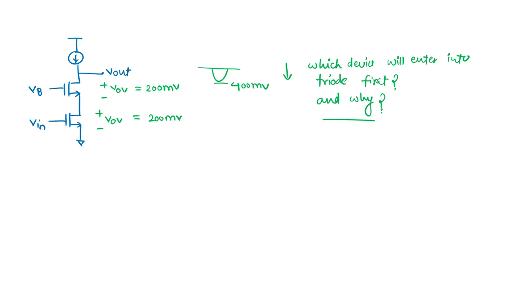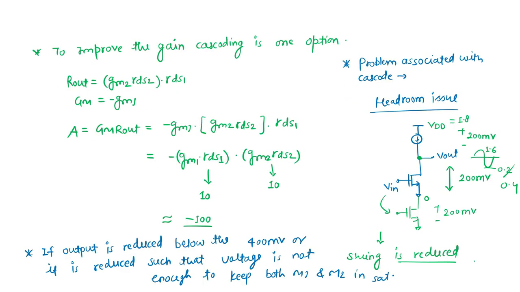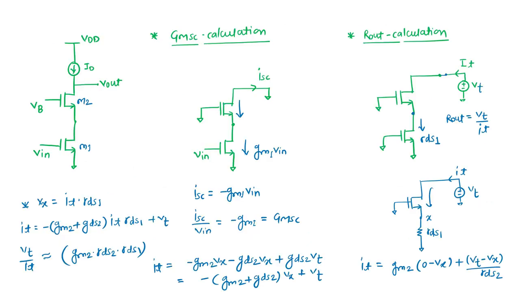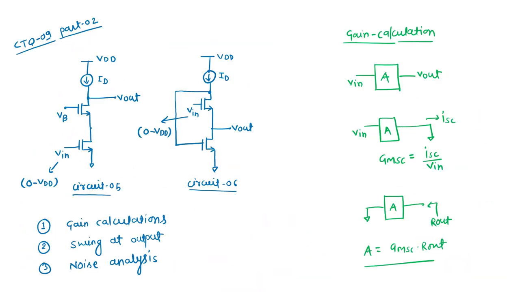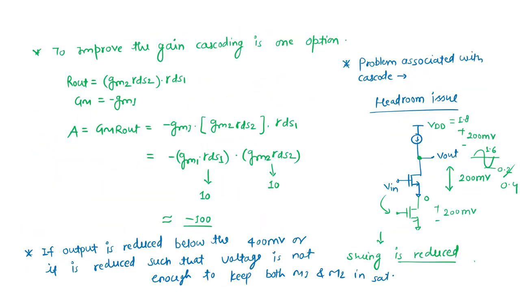We have calculated the gain and discussed some extra things here. Now the point comes to the second circuit, and we have to see the gain calculation for it. What is special here in the second circuit? It is called a flip voltage follower.